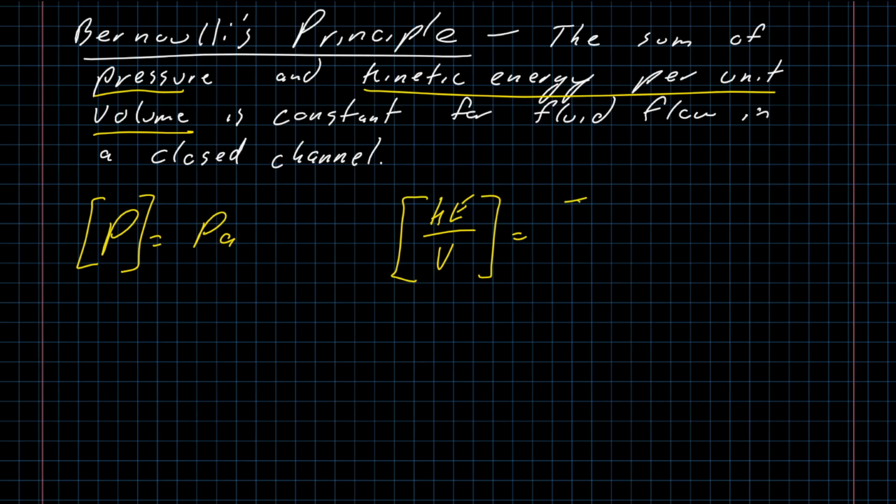Well, kinetic energy is generally given in joules, and volume is generally given in something like cubic meters. Now, a joule is a Newton meter, and one of the meters on the bottom will cancel out that meter on top, so we have newtons per square meter. And yes, that is exactly the definition of a Pascal.